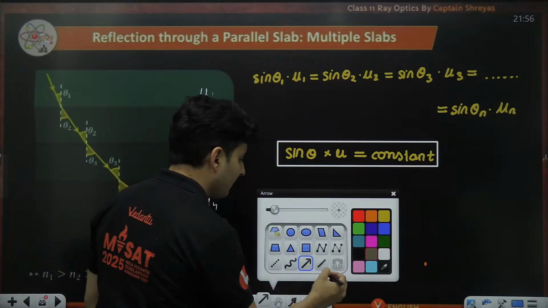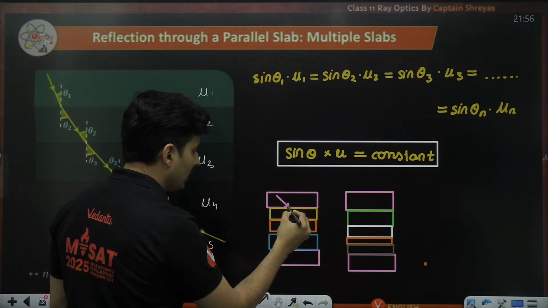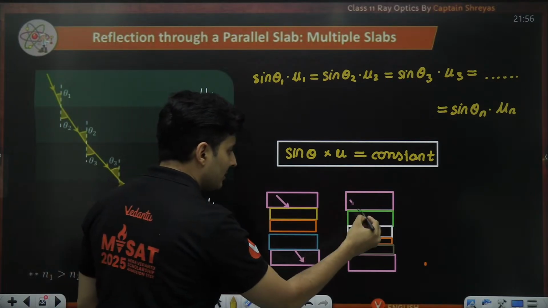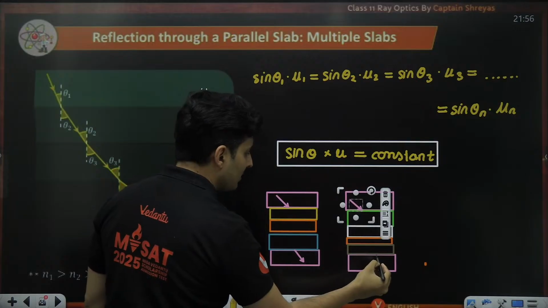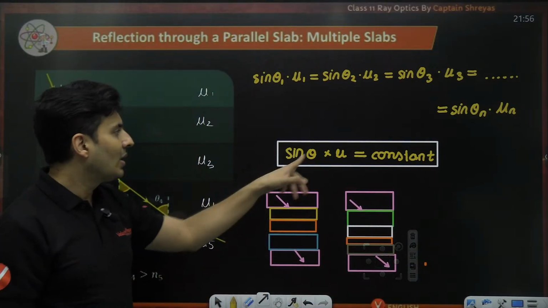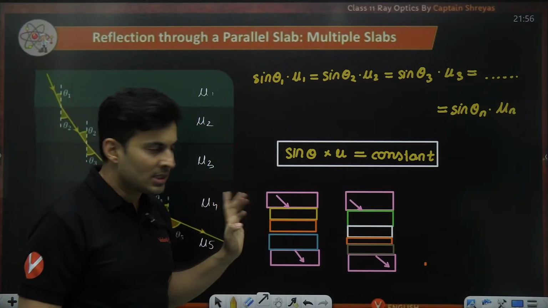You will see if the light ray has entered into this medium like this, it will emerge out parallelly here, irrespective of how many mediums and which mediums are there. Doesn't matter whatever is there in between because of this law. Because sine theta into mu is constant.